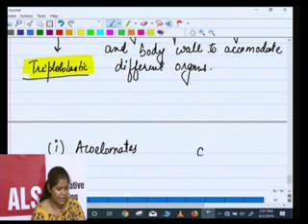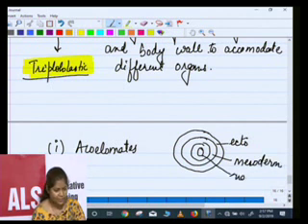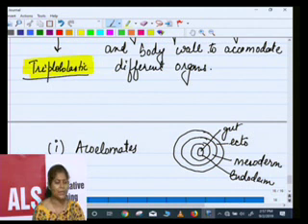What you need to do is just draw the three germ layers, that is ectoderm, mesoderm, and endoderm, and the innermost, obviously, gut. So acoelomates don't have any body cavity.